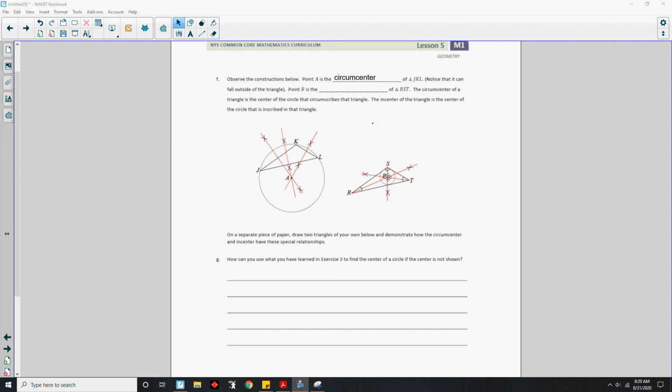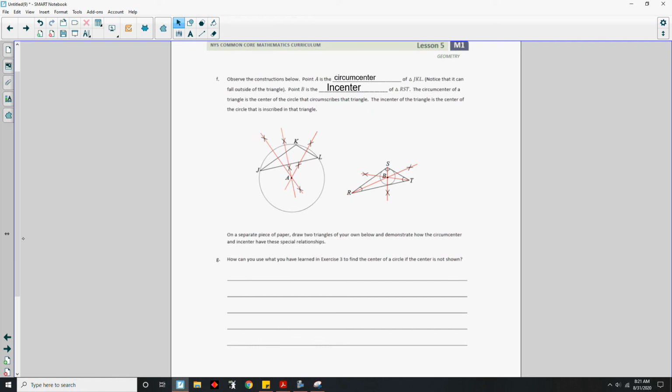So think of inside being the incenter. Okay, incenter.